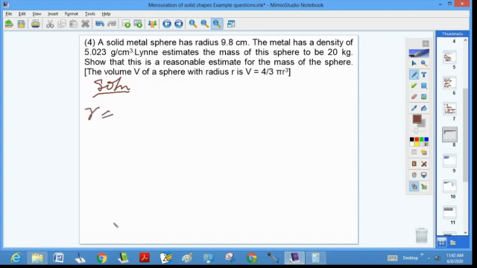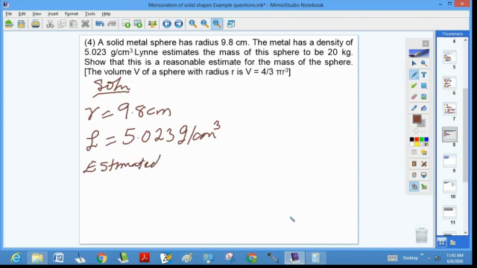The radius is 9.8 centimeter, and we are also given the density of the material used in making the sphere, 5.023 grams per cm cube, and the estimated mass by Lian is 20 kilograms.